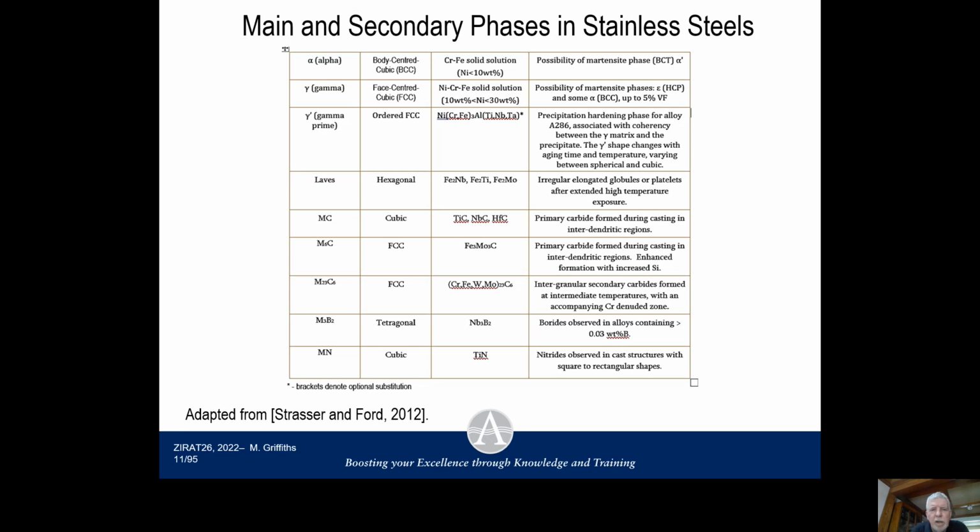So one can increase the strength of an alloy through precipitation hardening via an aging process, and this is something that's utilized quite a lot in nickel alloys for producing high strength material.